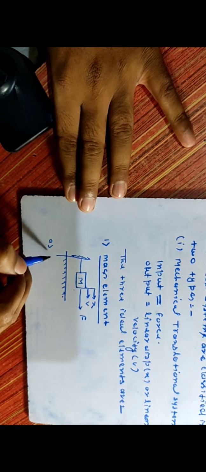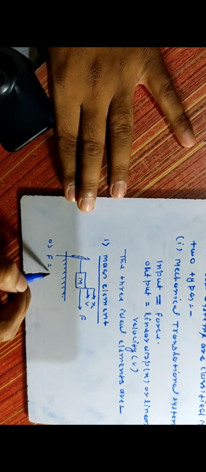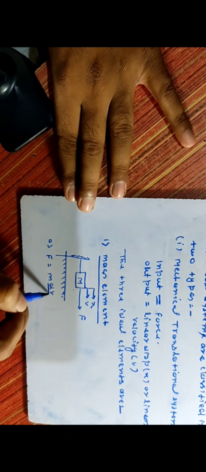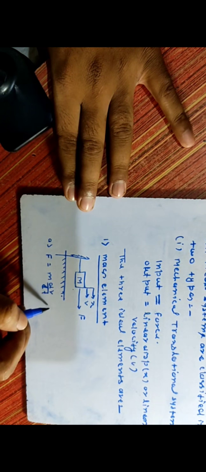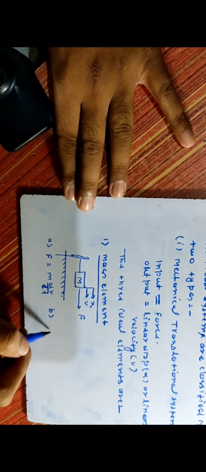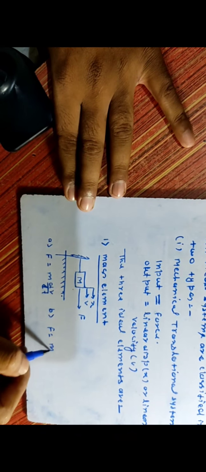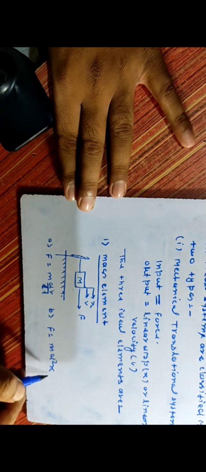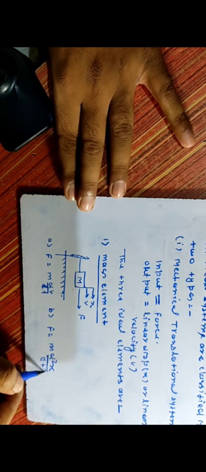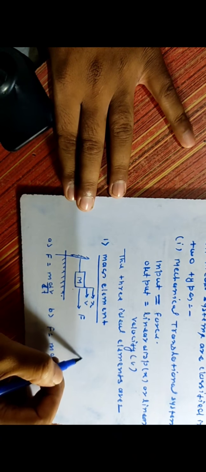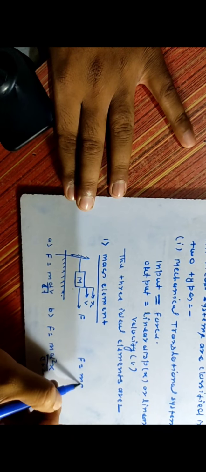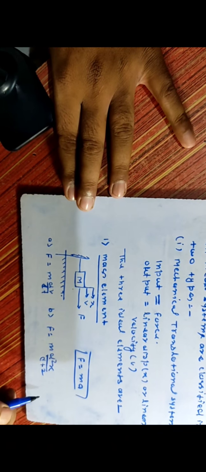From this figure, force is equal to m dv/dt, and force is equal to m d²x/dt². We know that force is equal to m a. This is the basic formula of the mass body displacement.